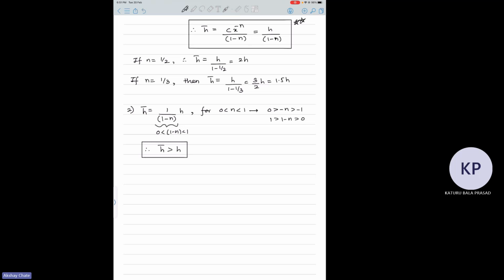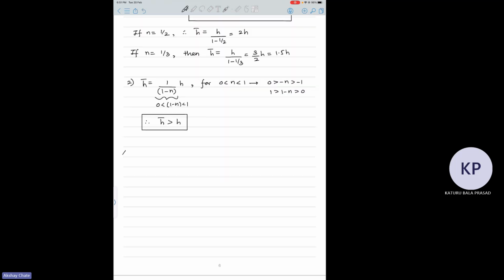Sometimes what happens, there can be two options. For example, let's say there is a flat plate, which is fairly long. You will have something like this, then some transition, and then some other.